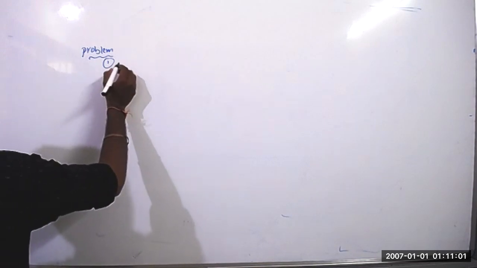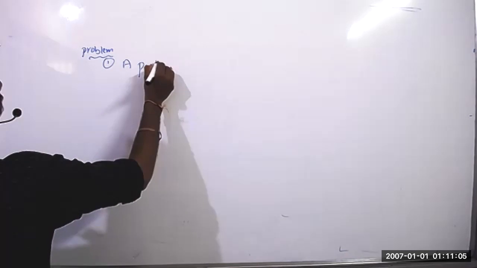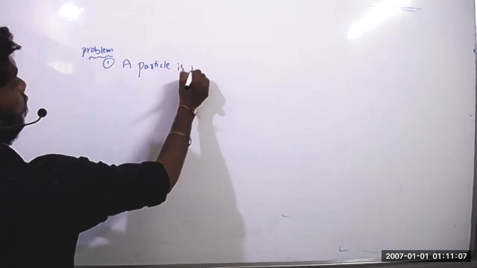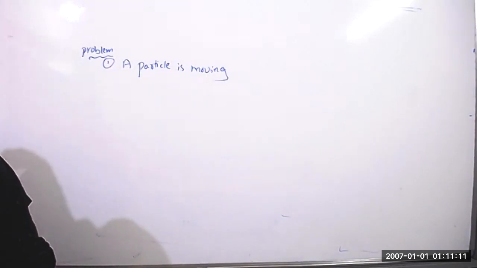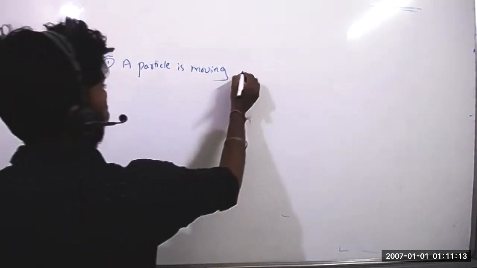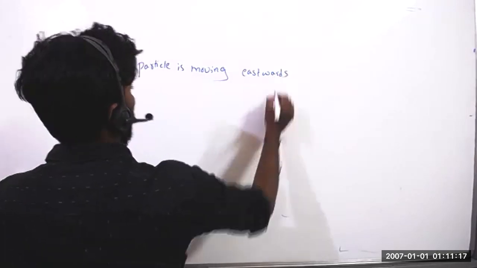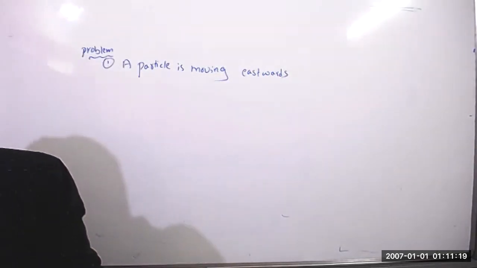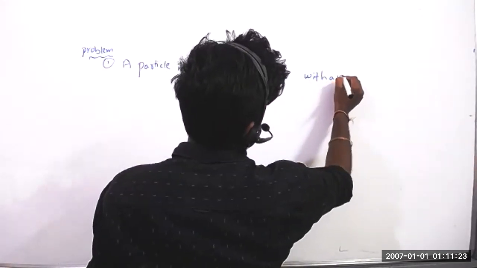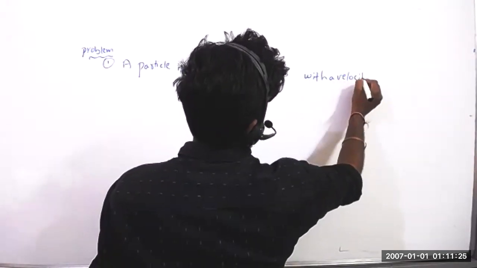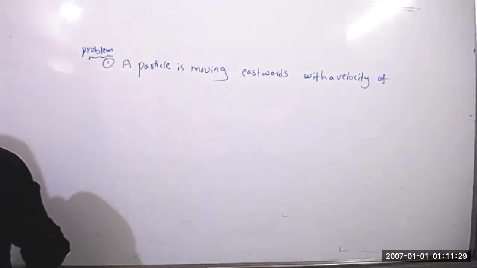Problem. A particle is moving eastwards with a velocity of 5 meters per second.